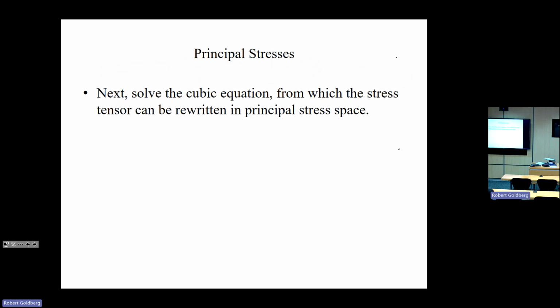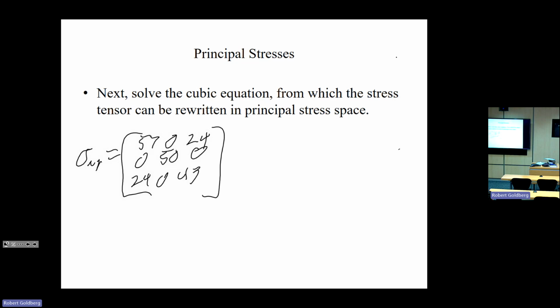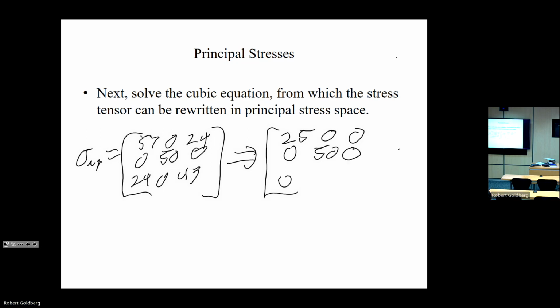So what we can say is that our original stress tensor was equal to [57, 0, 24; 0, 50, 0; 24, 0, 43]. And we found its equivalent principal form is [25, 0, 0; 0, 50, 0; 0, 0, 75].